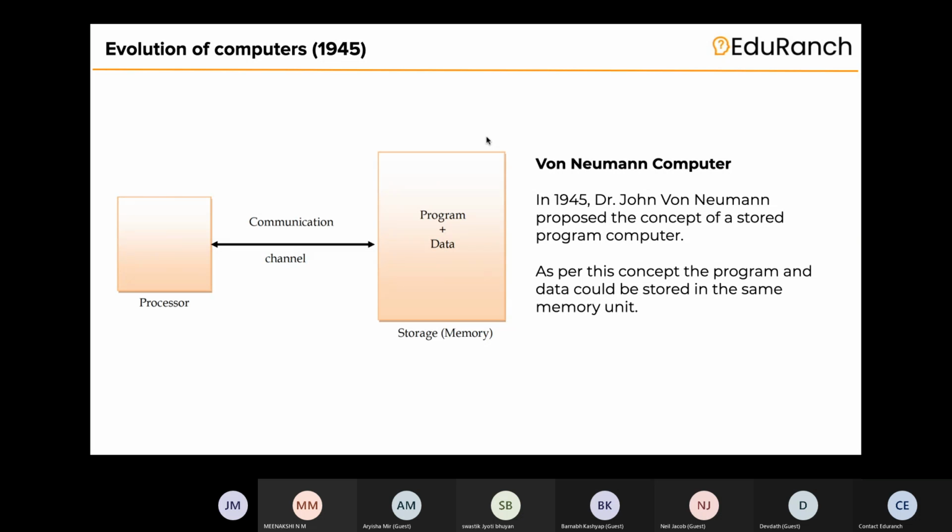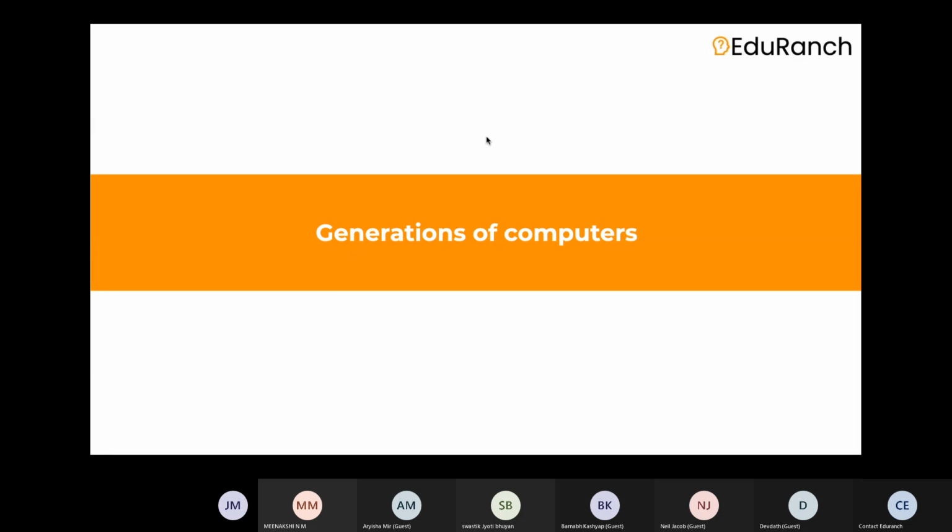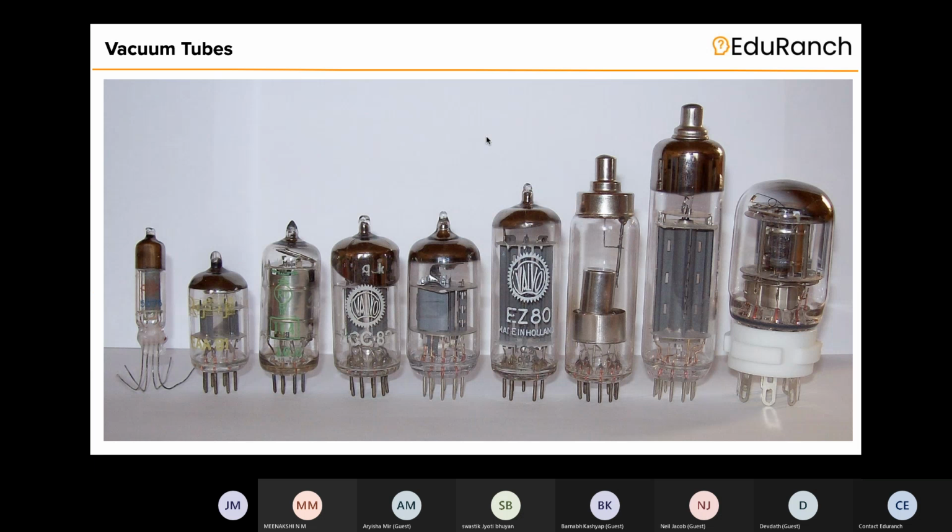The processor takes the instructions from the program and stores the data back into the storage device or memory. This was the first concept floated, and it is the stepping stone for all the modern day computation we have. Okay.